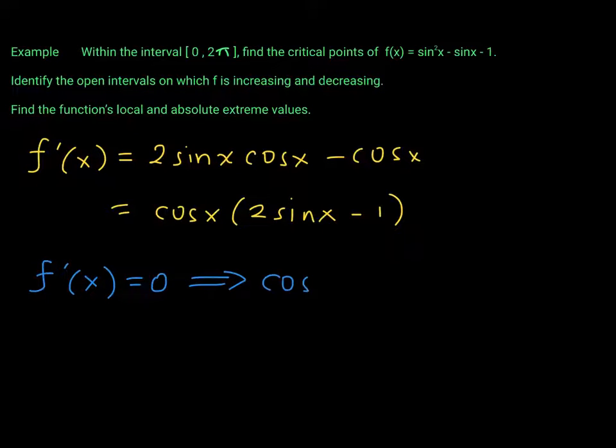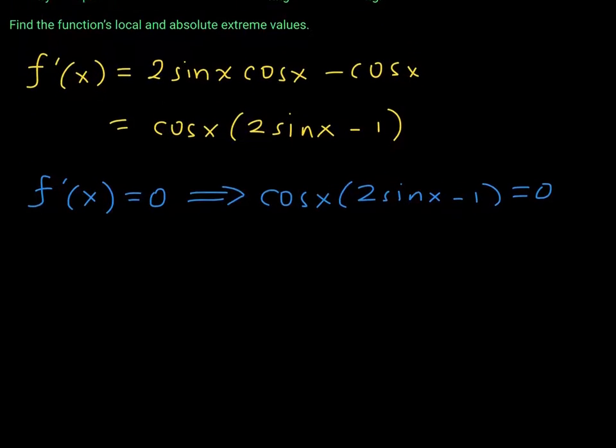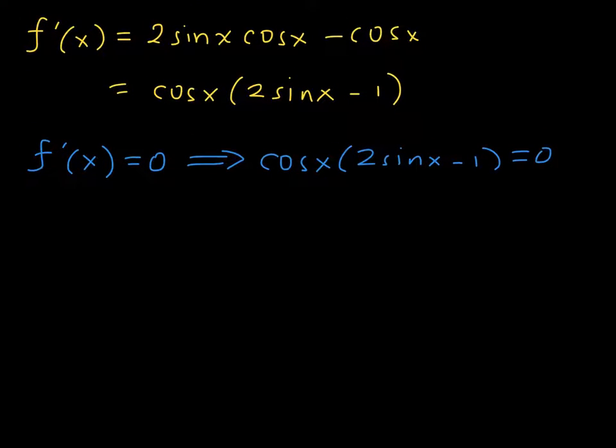That is when cosine of x times 2 times sine of x minus 1 is equal to 0, which implies that cosine of x is equal to 0, or when 2 times sine of x minus 1 is equal to 0. That is to say, when sine of x is equal to positive 1/2.